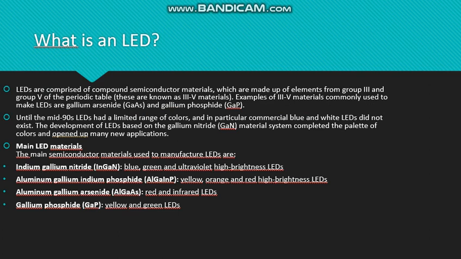Until the mid-90s, LEDs had a limited range of colors, and in particular commercial blue and white LEDs did not exist. The development of LEDs based on the gallium nitride material system completed the palette of colors and opened up many new applications. So we can see the main LED materials in these.